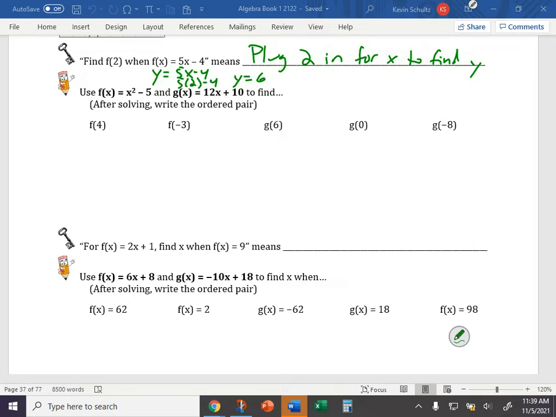Leah? F of x, right? That's what function notation does for us. It allows us to label or identify which equation we're using. So if f of x equals x squared minus 5, which remember that f of x is simply y, and I'm asked to find f of 4, I'm going to be plugging in 4 for x and solving for y. 4 squared is 16, minus 5 gives us 11, so y would equal 11.